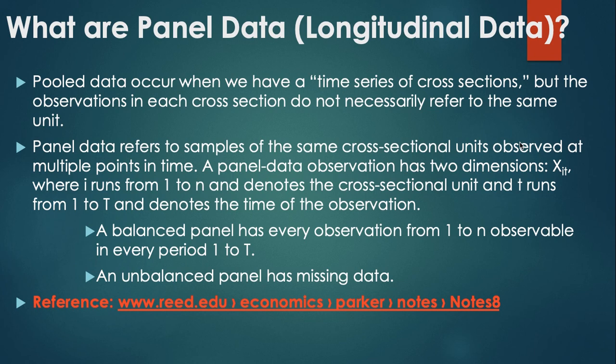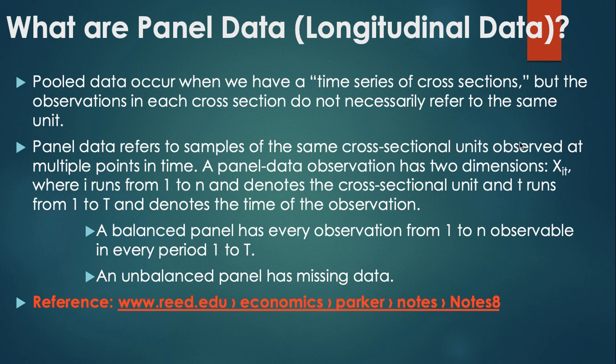A panel data observation has two dimensions, X_it, where i runs from 1 to N and denotes the cross-sectional unit, could be person, company, country, and t runs from 1 to T and denotes the time of observation, could be 10 years, 20 years, 50 years, 5 years. So we have two types. We have a balanced panel data that has every observation from 1 to N observable in every period 1 to T, meaning we have a complete set of data.